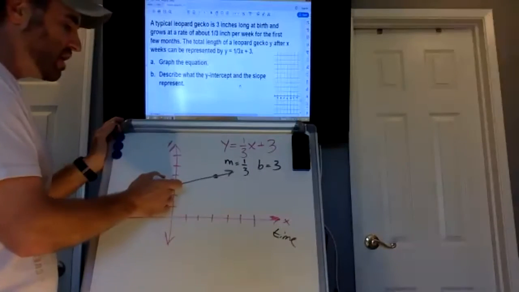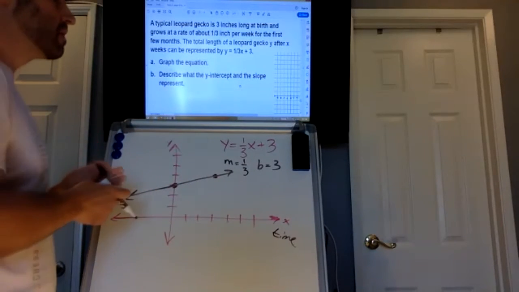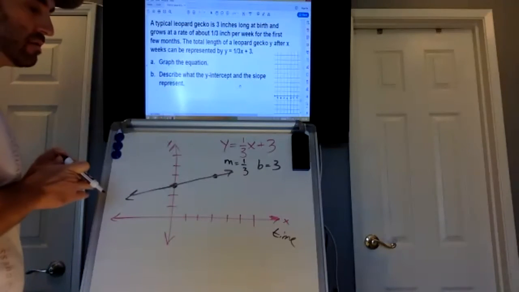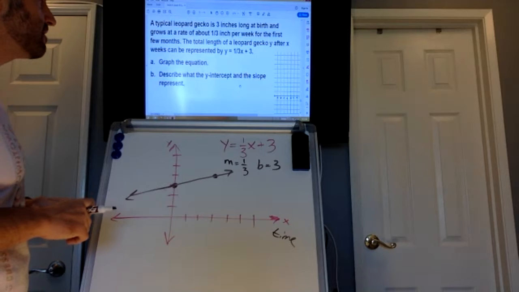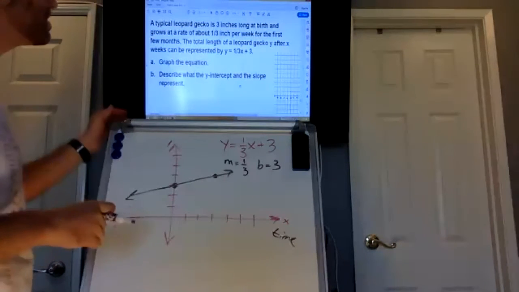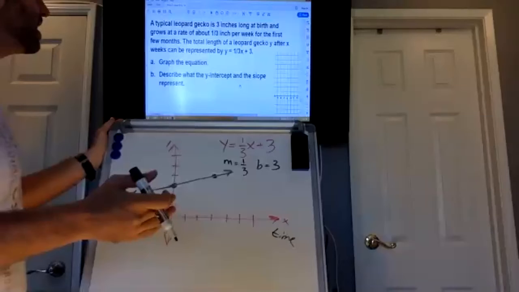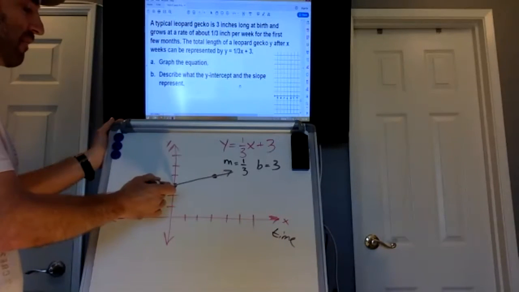So starting here is at 0 time. Now you're going back in time. I guess you can go while it was growing from a zygote. If geckos have a zygote phase, I don't know the biology, but I'm sure it didn't go from 0 to 3 inches. It had to get there. So I guess this would be before it was born.